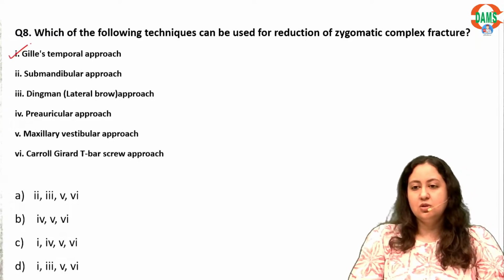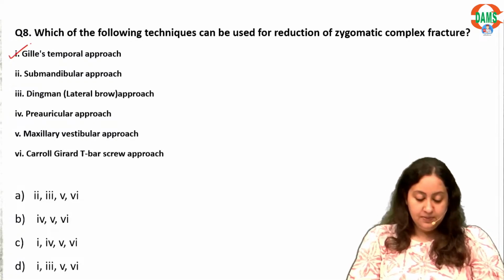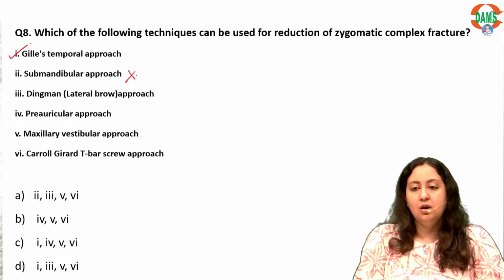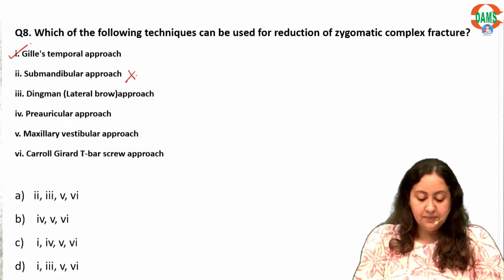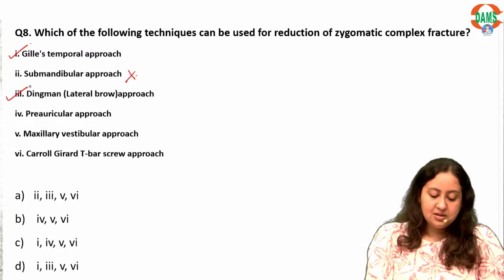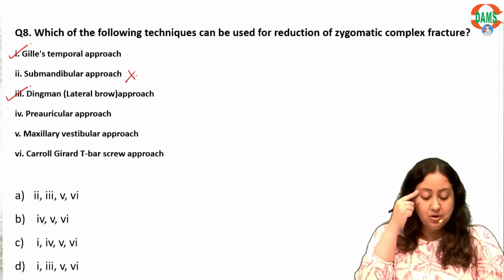Yes, this is used especially for zygomatic arch fractures. Submandibular approach, no, this is used for mandibular body fractures mostly. Dingman's approach, yes, this is used to address the frontozygomatic suture region over here.